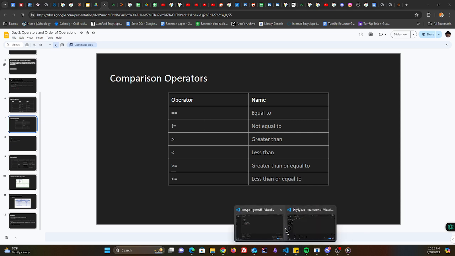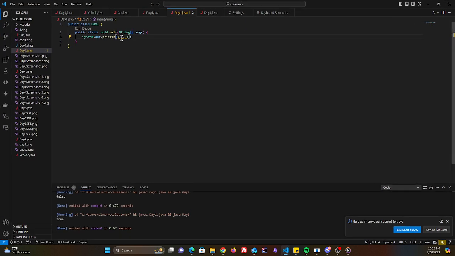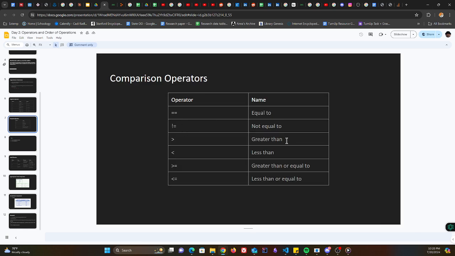If we do 3 not equal to 3, that's not true, so it would return false. Whereas 3 does not equal 5, that is true. So true. And then greater than, pretty self-explanatory.